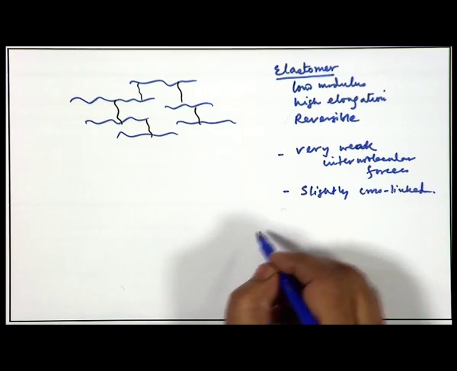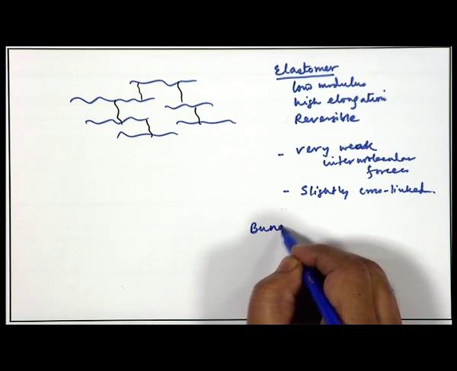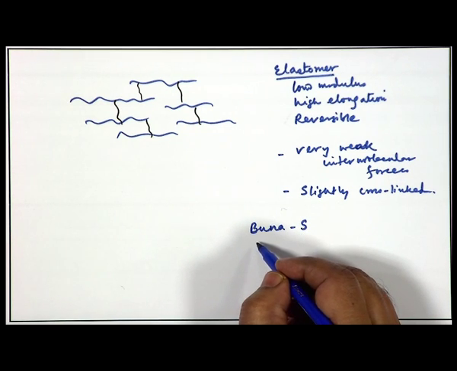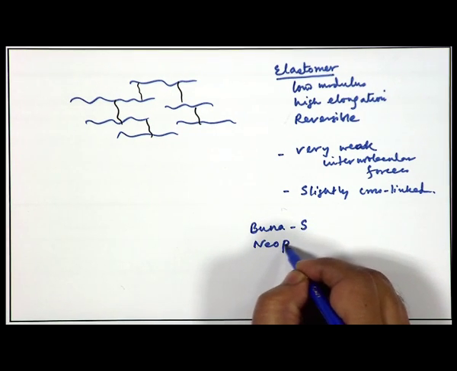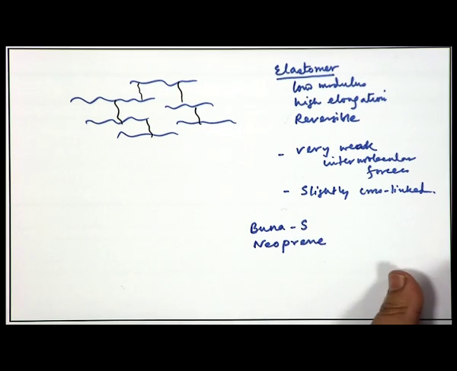Examples we talked about earlier are Buna S, and we will talk about neoprene later. This is one other example of this elastomeric product.